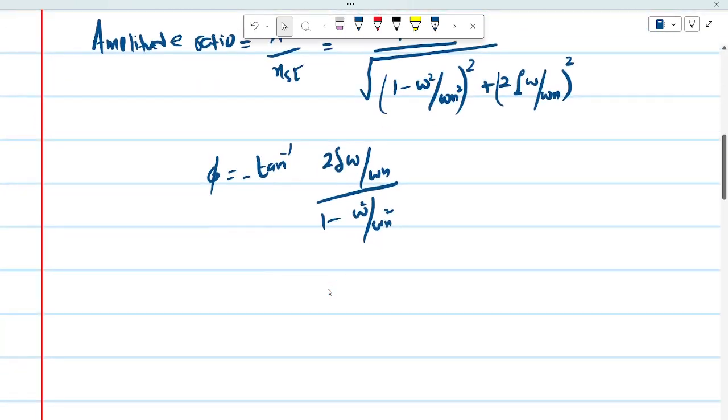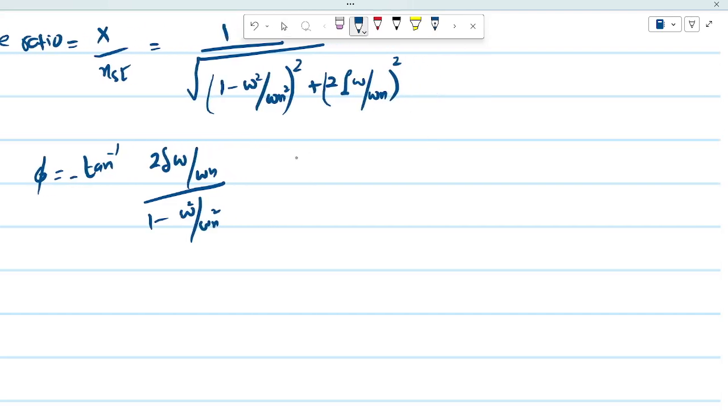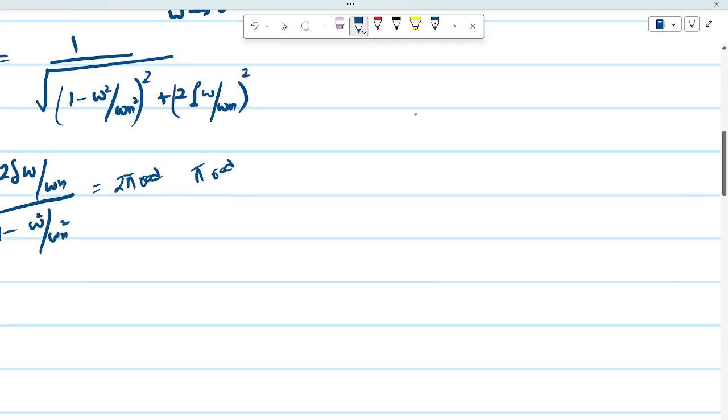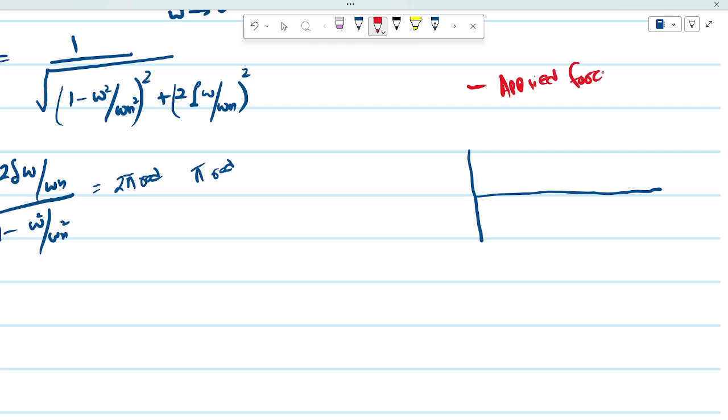If you remember, just to give a brief review of what we mean by the phase angle. We may have, let's say, 2 pi radians, or pi radians. Whenever there is a load applied onto a system, say a sinusoidal force, you have a certain amplitude and a certain frequency.